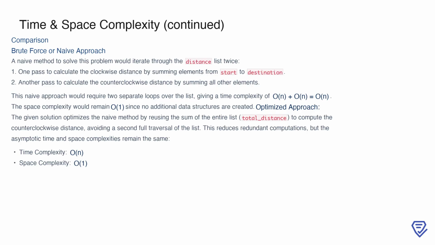However, the space complexity would still be O(1), because no additional data structures are created. The optimized approach improves on this by computing the counterclockwise_distance using the total sum of the list, avoiding the need for a second full traversal. This reduces redundant computations while maintaining the same asymptotic time complexity of O(n) and space complexity of O(1).